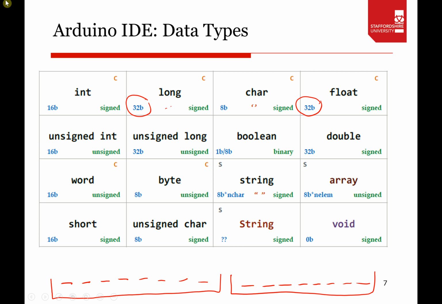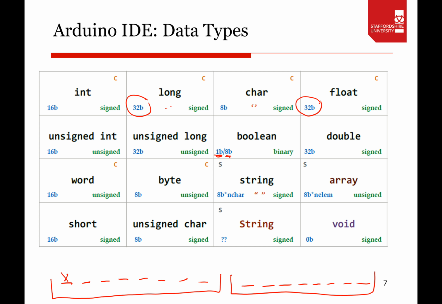Unsigned int: if you're not bothered about positive and negative data, then you use unsigned. That means that you can use the most significant bit as another number. So you've got unsigned int, unsigned long int, and boolean, true or false. These can either be 1 bit or 8 bits. A double is 32-bit.